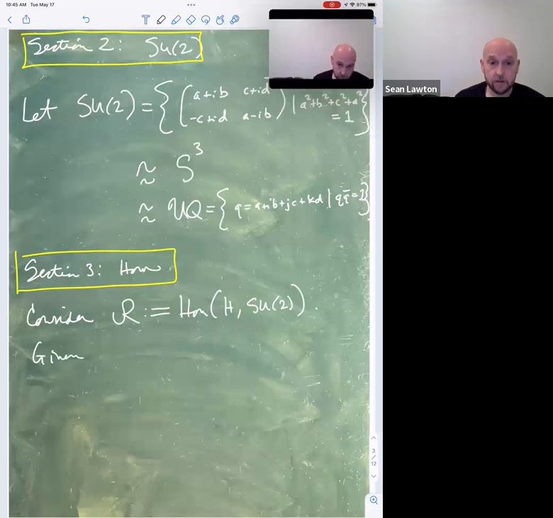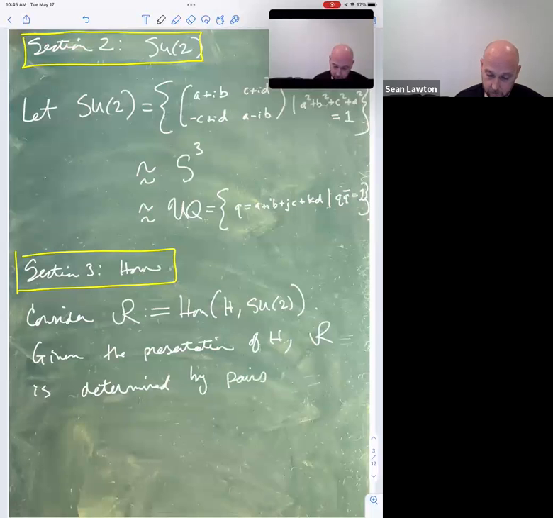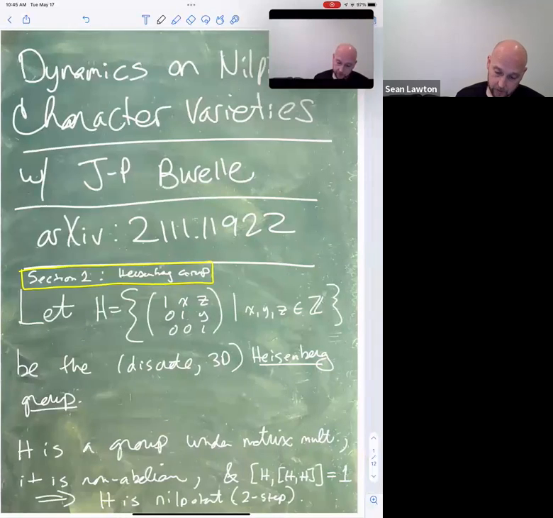So given the presentation that we talked about in section 1 of H, R is determined by pairs A, B in SU2 to the second power, such that the relations hold. Where are the relations?